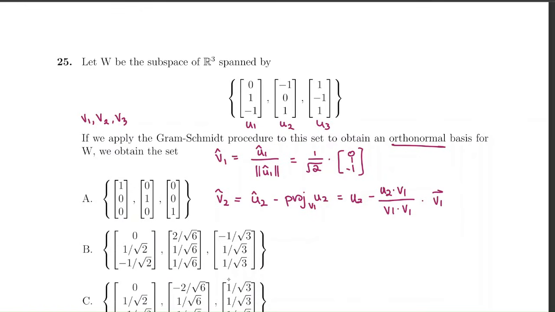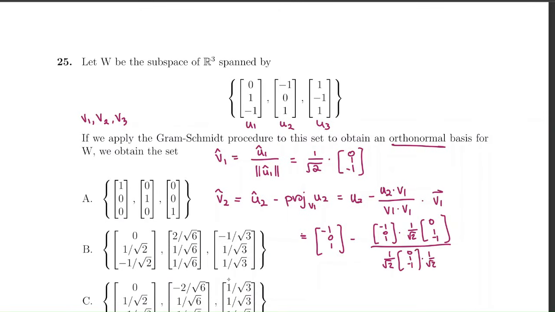So that is equal to -1, 0, 1 minus u2 dot v1, which is -1, 0, 1 times 1 over square root 2 times 0, 1, -1, times 1 over square root 2 times 0, 1, -1. Same thing because it's v1 dot v1 times v1.